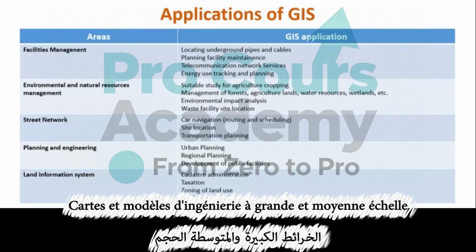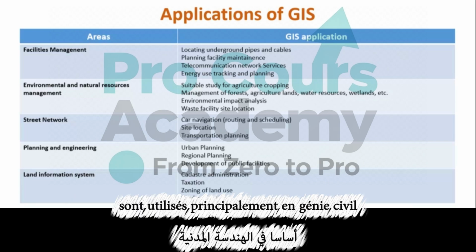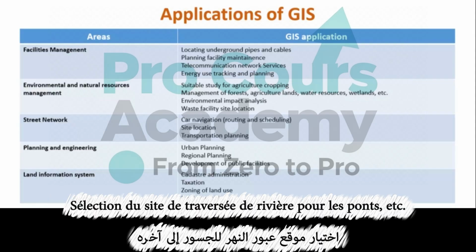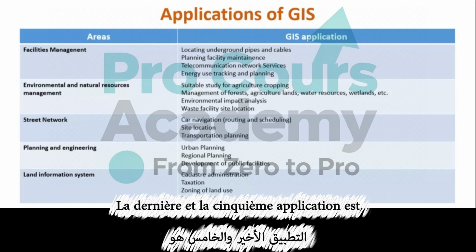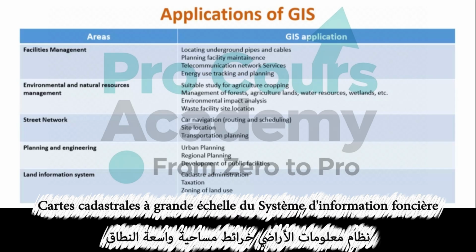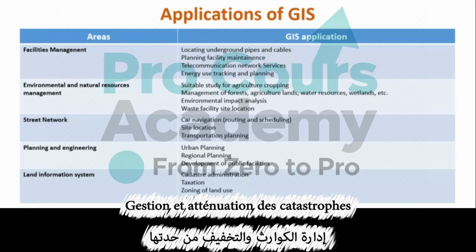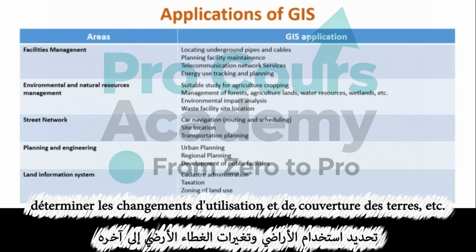Large and medium scale maps and engineering models are used mainly in civil engineering, like drainage systems, pipeline selection, river crossing, site selection for bridges, etc. The last and fifth application is land information systems. Large-scale maps and cadastral maps are used for digitalization, disaster management, and mitigation of land disaster zones, mining, land use, and land changes, etc.